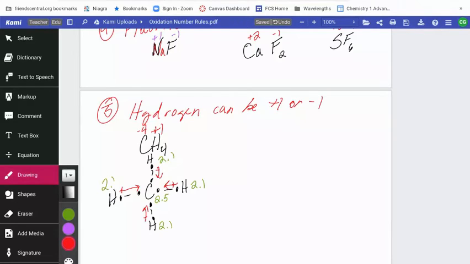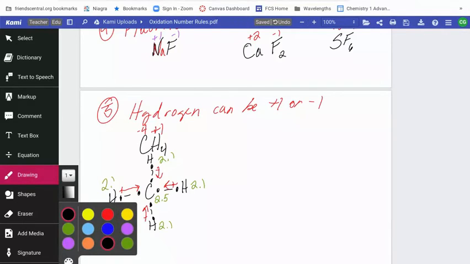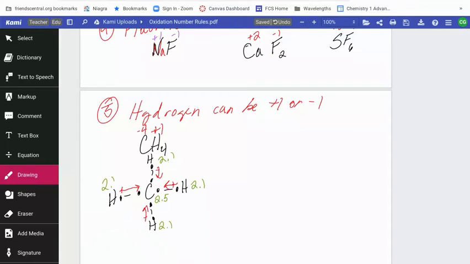Let's talk about where a hydrogen is a -1. You don't see this too often, but let's take a look at one. How about sodium hydride? If we were to do a Lewis dot structure for this, 1 dot there for sodium, and 1 dot there for hydrogen. So what's going to happen here?